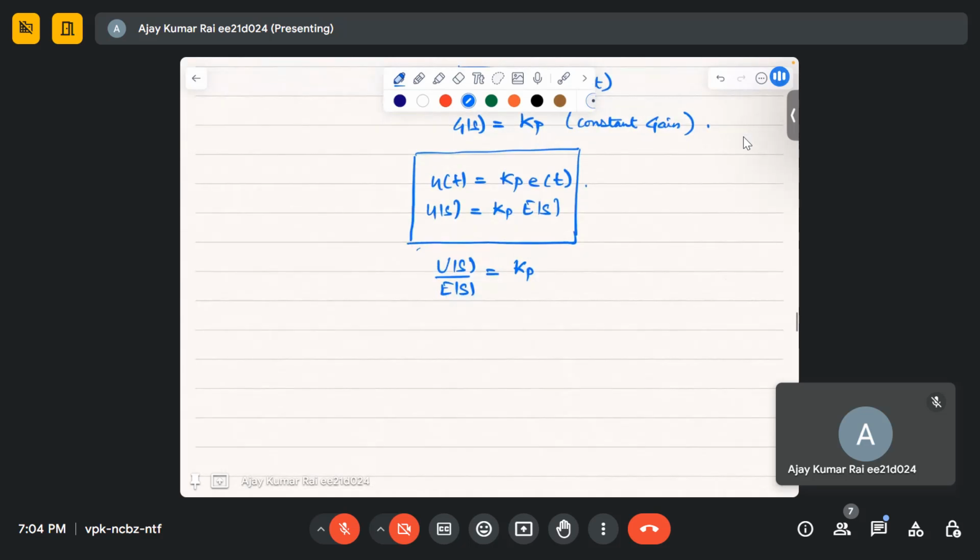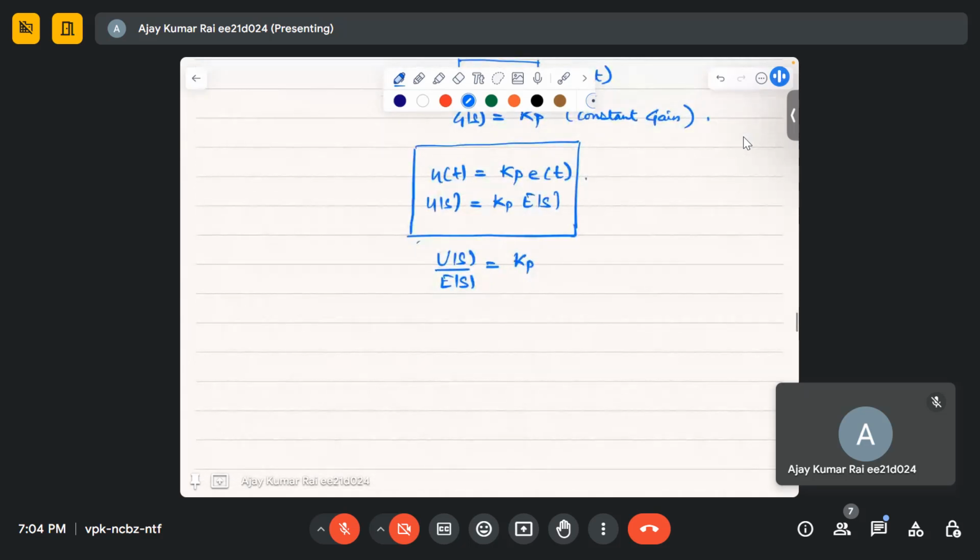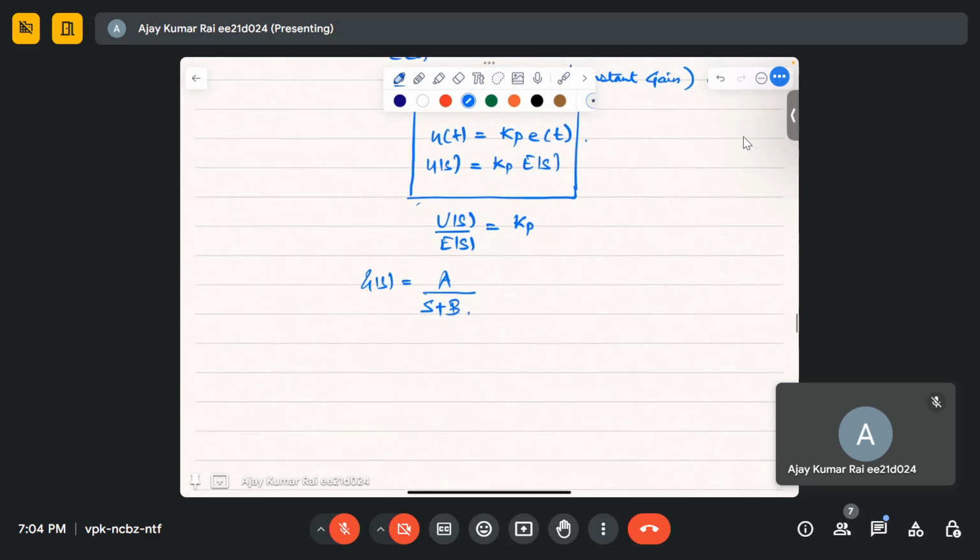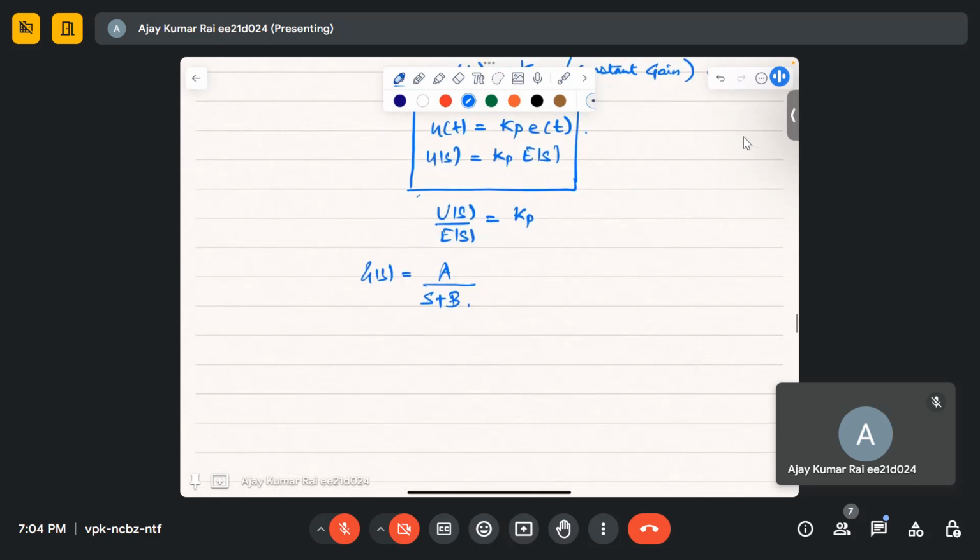Let me say for a first order system, it will be some constant a over s plus, let me say the pole is p. You know how to calculate the closed loop transfer function.